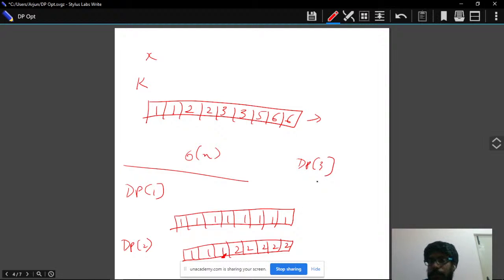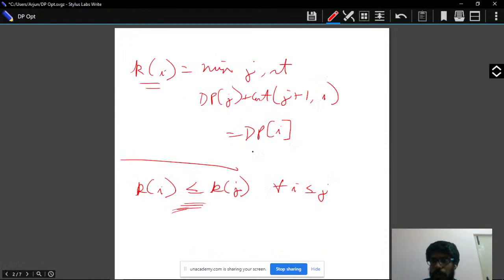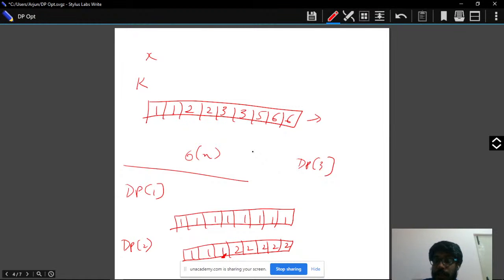And why is that? Because in the first 2 steps, for dp of 3, I've given them both the option 1 and 2, right? And which is exactly all the options it has. dp of 3 has options from 1 to 3 minus 1, which is 2. That's basically, it has options 1 and 2. And I've given dp of 3 both these options, and I've asked it to find whatever it prefers, whatever is the maximum. I've taken it and placed it here. So what is placed here is actually not just a lower bound now.